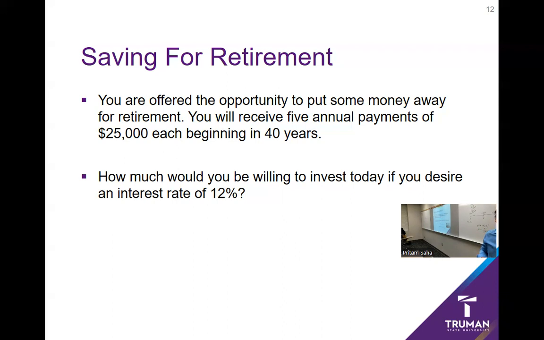Now, if you calculate the present value of each of these cash flows at 12%, how much should you get? 22,000? Really? 5 of these. So let me repeat. You are getting the money in 40 years, 41 years, 42 years, 43 years, 44 years. 5 times 25,000 each.